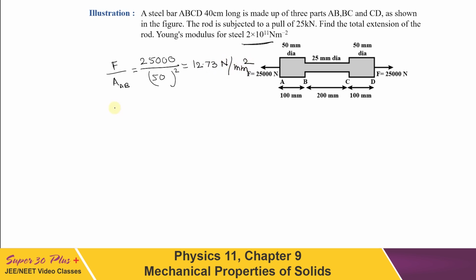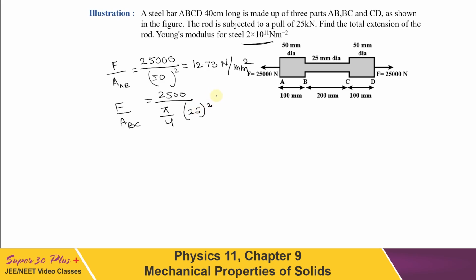And similarly, we can write the stress for part BC. This will be F upon area of BC. Its value will be 25,000 upon pi by 4, because it is a circular one, as you can see here. This will be pi by 4 into square of 25.